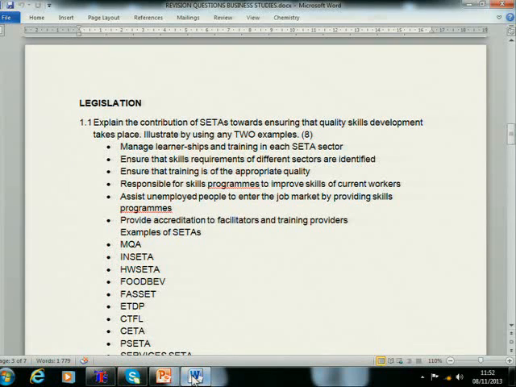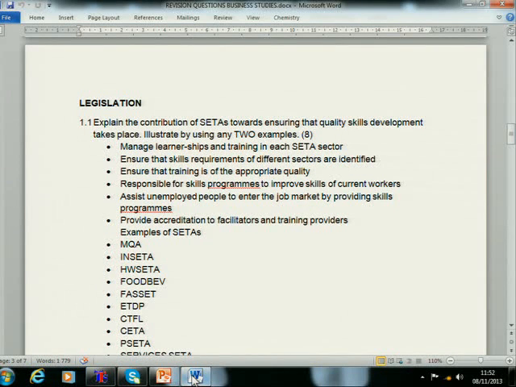So this is just one of the questions on CETAs and the Skills Development Act. How do CETAs contribute towards ensuring quality skills development? This is one of the ways in which it can be done.